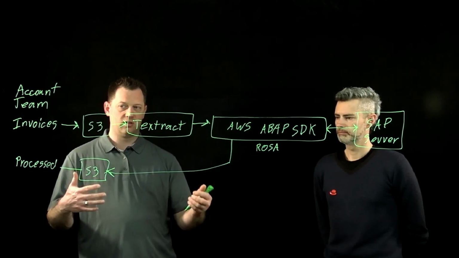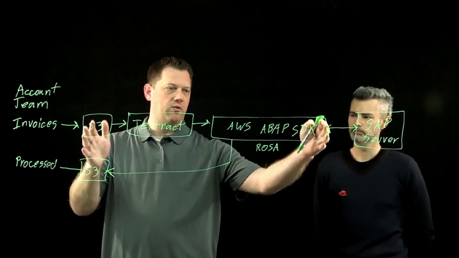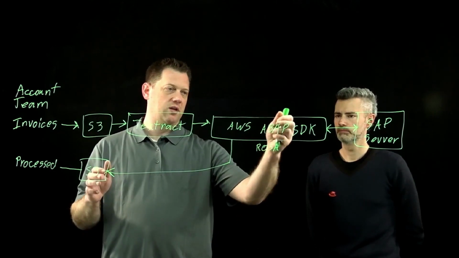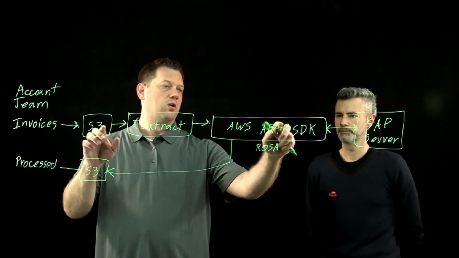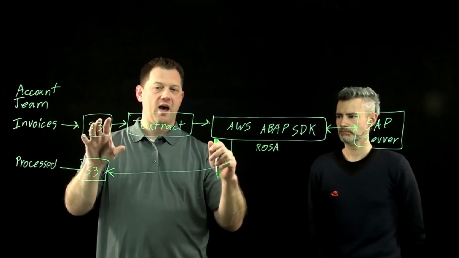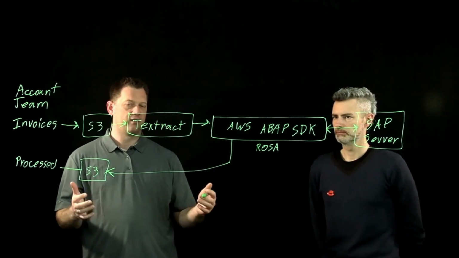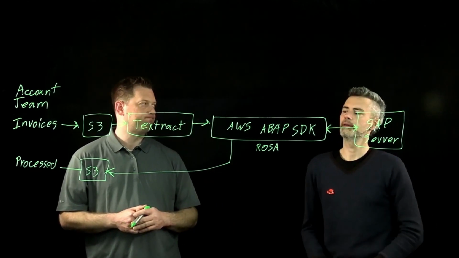The other thing to mention is that this workflow right here is very easily scalable. ROSA is a scalable platform, so if we need to add more programs that have a different workflow that then integrate into the SAP server, that's all available to us. Right, we can plug them in, yeah.